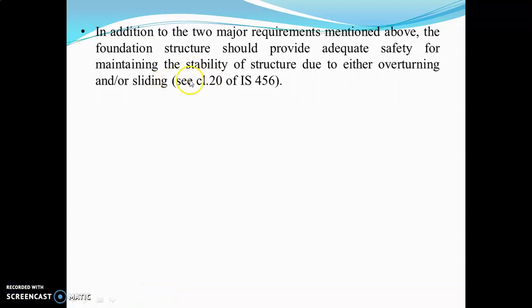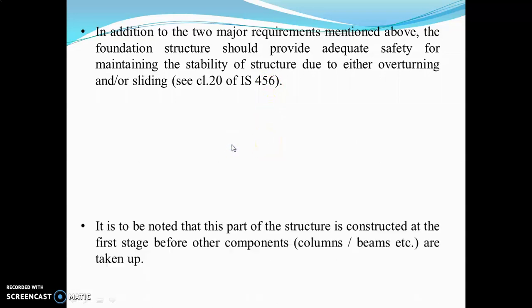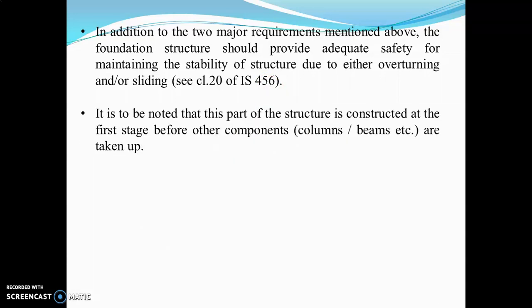Detailed information you will get in IS 456. So the major two requirements are safe bearing capacity and settlements: the foundation should sustain the loads within the safe bearing capacity limit, and also avoid the settlements.